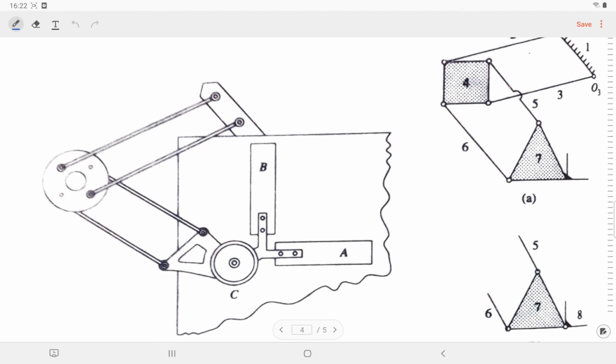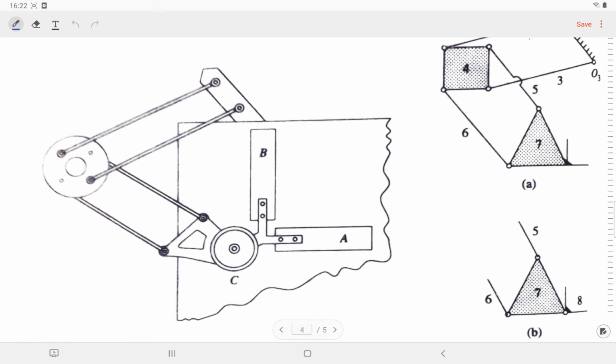So let's see one example. This thing is known as a drafter, which is used mainly in engineering graphics or machine drawing. And what is the purpose?